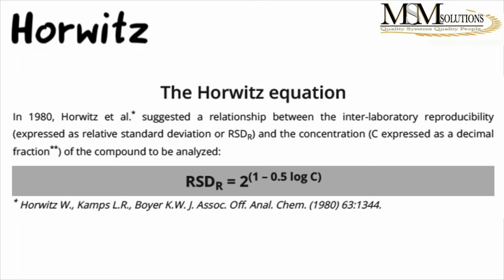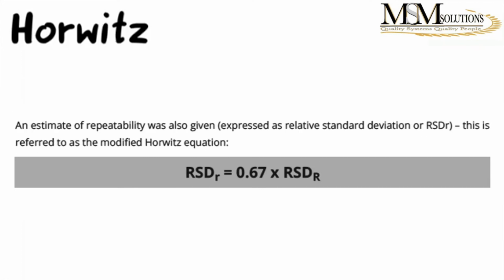And an empirical formula was suggested for this relationship. As you can see, this is dependent on the concentration of the analyte, and it will significantly change as that concentration changes. However, over the years, there's been some limitation with this equation, and a modified Horwitz equation was then suggested and has been used depending on the kind of data that one is looking at.